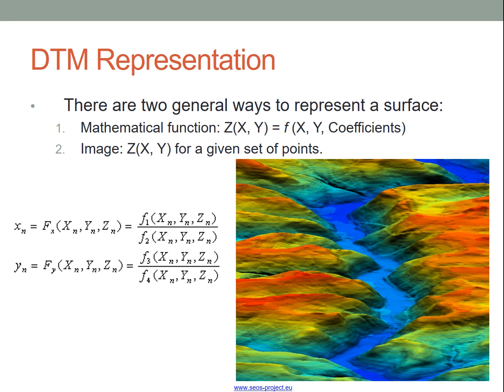So let's look at the representation. There are two general ways to represent a surface. We have our mathematics and we have our image, right? As always, in every remote sensing thing that is out there, because this is all basically remote sensing. Even if you use a total station, by the time you get it into the model, it's become remote sensing. So we have our function, this major function for the Earth's surface, and we have the minor functions that we're taking ratios with, trying to figure out x and y's.